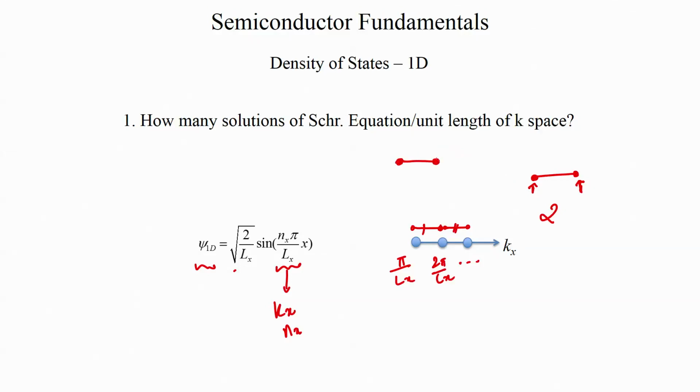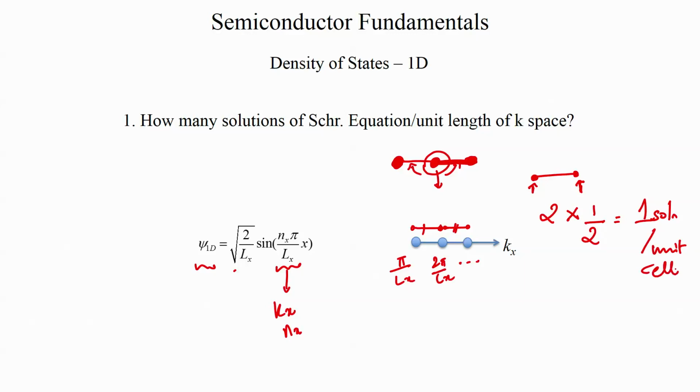So this solution, for example, is shared by this cell as well as this cell. Each cell is just this line segment connecting these 2 discrete points, and these discrete points are the solutions to Schrodinger's equation. So each solution is shared by 2 cells, and therefore there is one solution per unit cell.